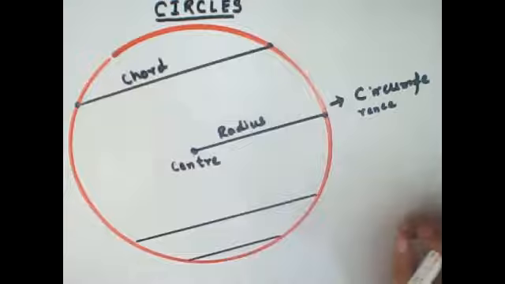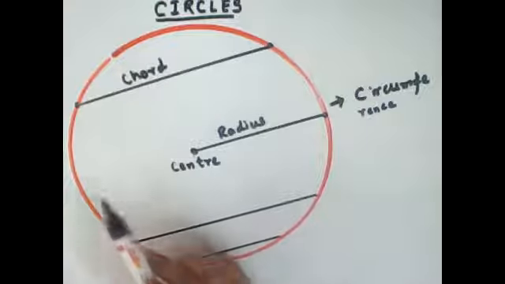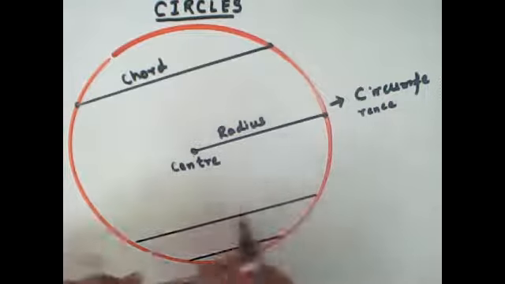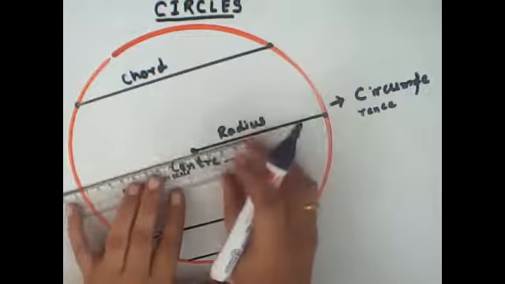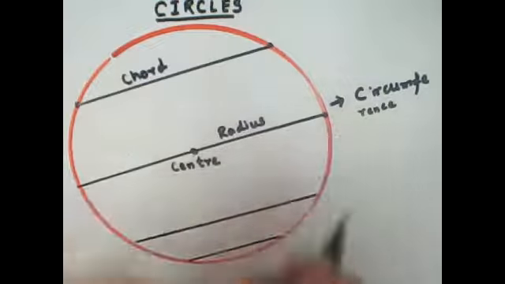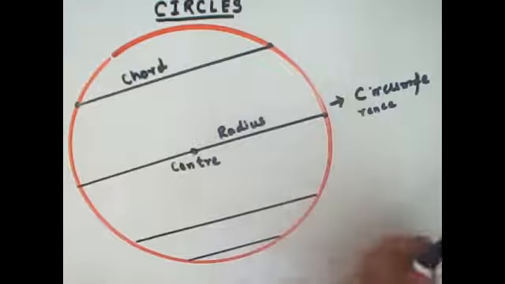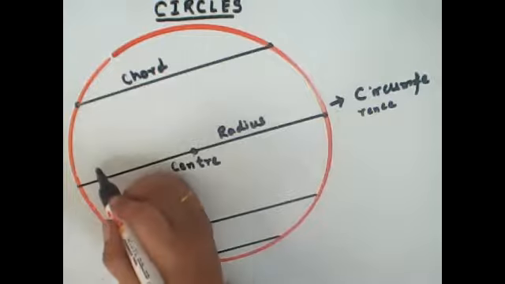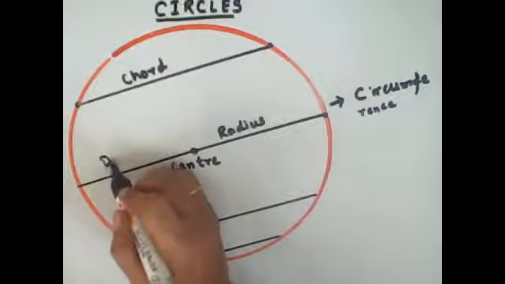You will find that the longest chord of the circle will be the one which passes exactly through the center of the circle. So, the chord of a circle which passes through the center of the circle is the longest chord of the circle, and this chord, the longest chord of the circle, is called the diameter of the circle.